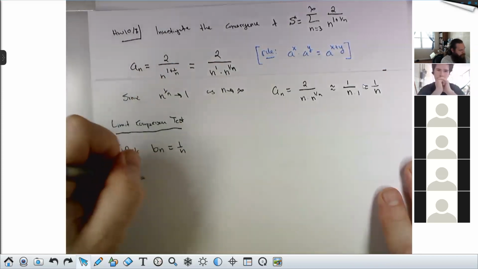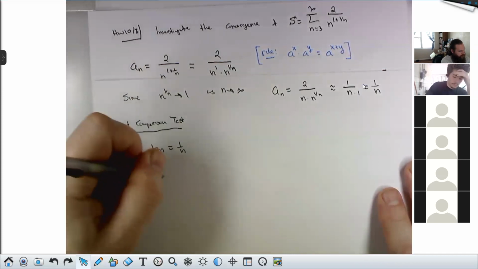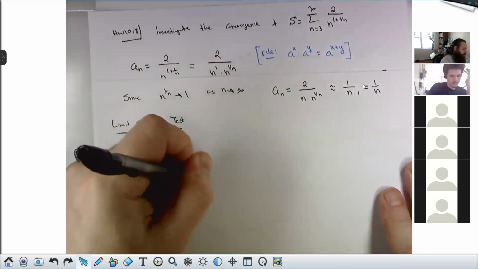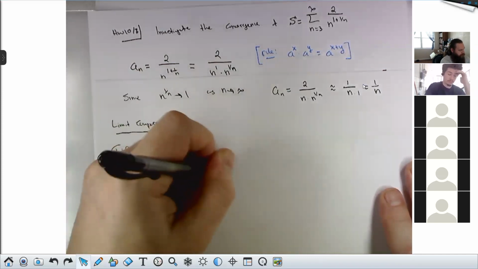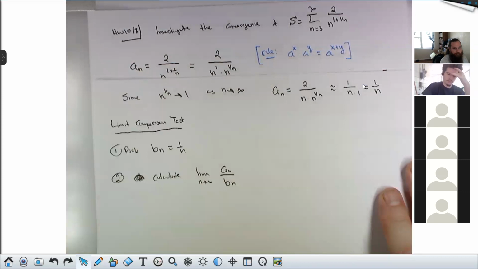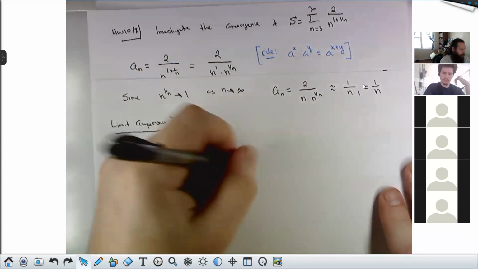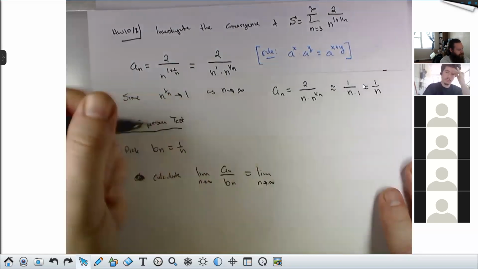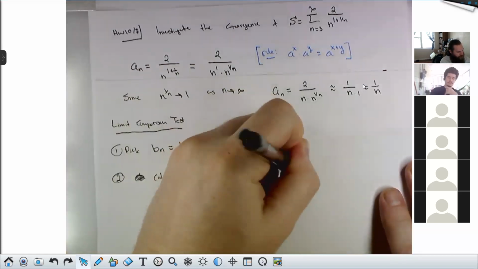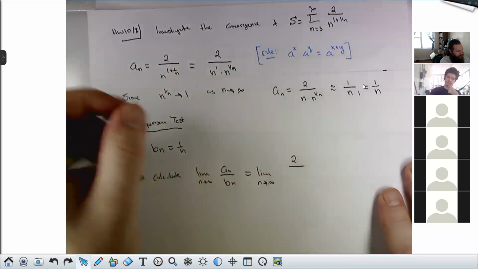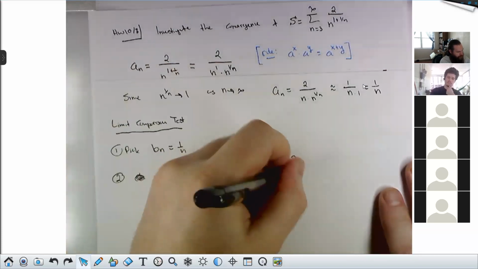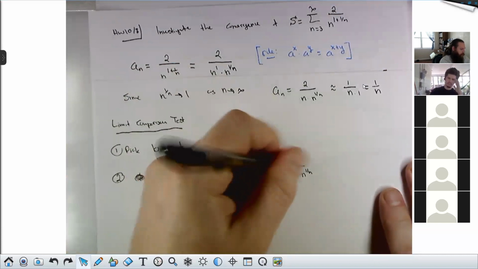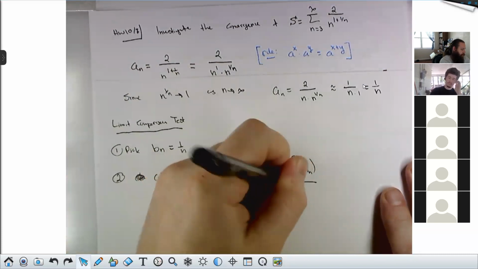And then we will calculate the limit as n goes to infinity of a_n over b_n, which in this case would be the limit as n goes to infinity of 2 divided by, I'll write it like this, n times n to the 1 over n, all divided by 1 over n.